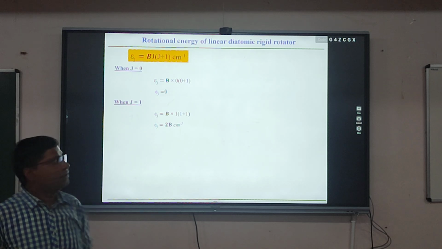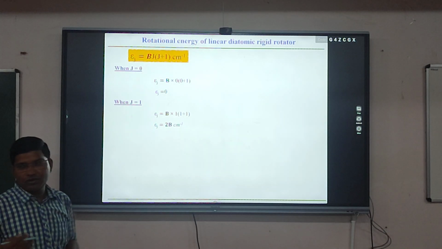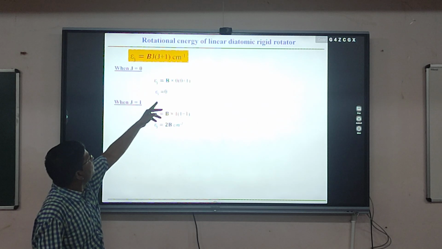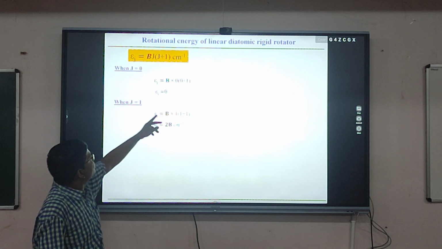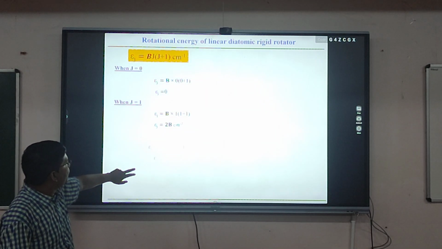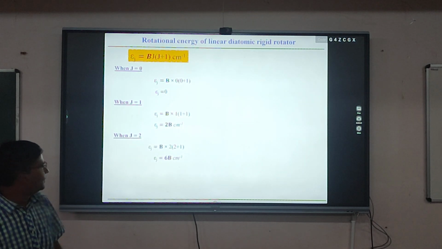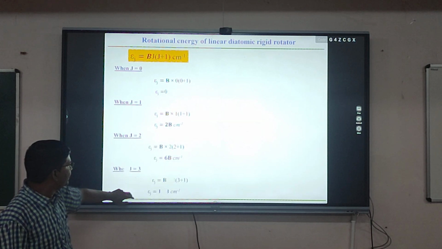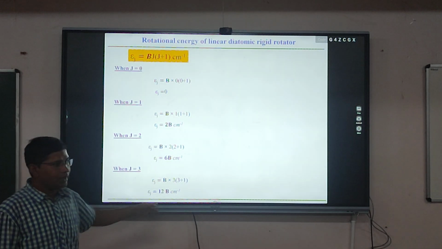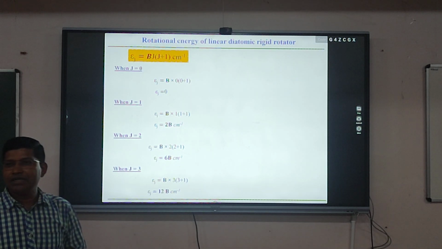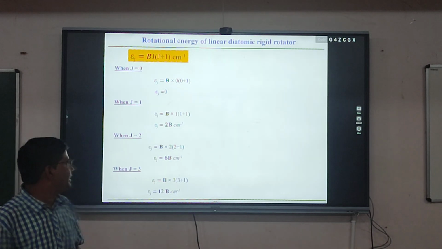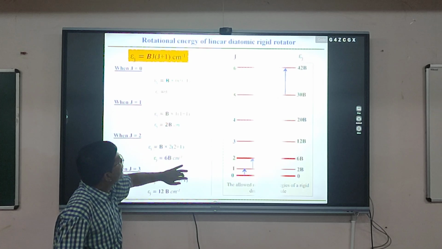When J equal to 0, epsilon equal to 0. Here we put the value of J: B into 0 plus 1, so it will be 0. When we put J equal to 1, it will be 2B. When J equal to 2, it will be 6B. When J equal to 3, it will be 12B. So the energy in terms of wave number is increasing.